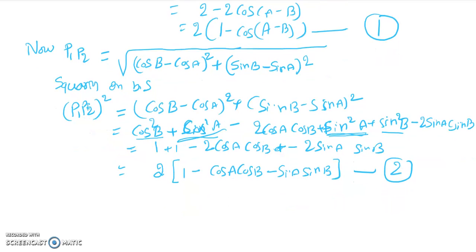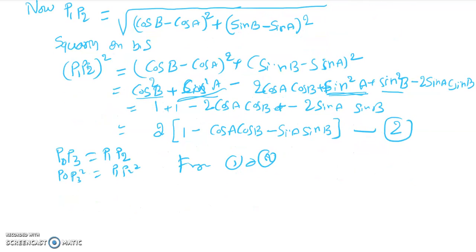Now we are at the end of this proof. What we know: we already know that P0P3 is always equal to P1P2. If I take the square, P0P3 square is equal to P1P2 square. From 1 and 2, I will substitute their values from equations 1 and 2.